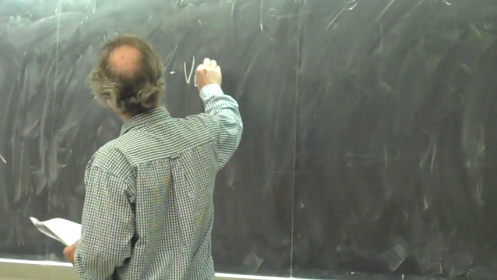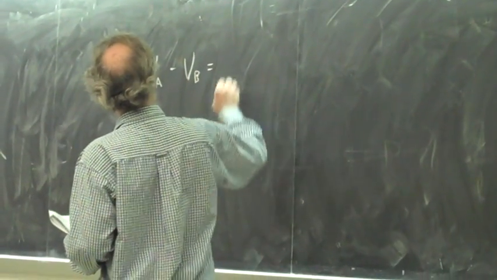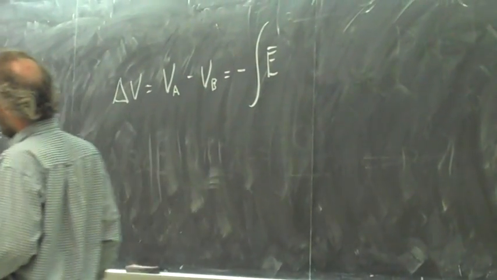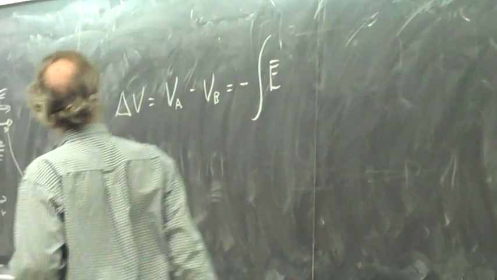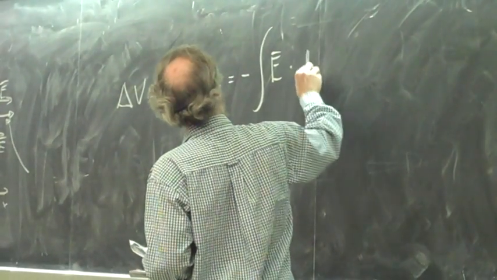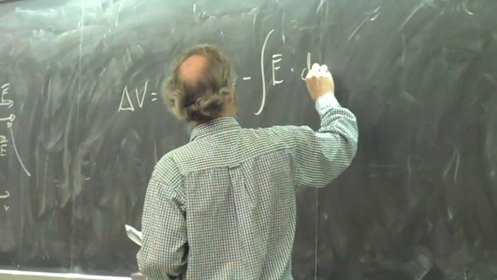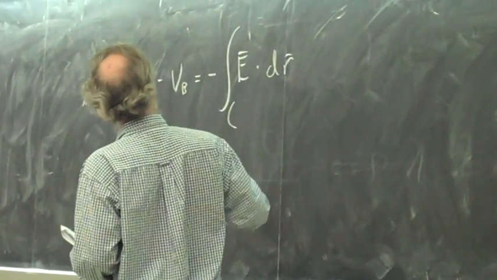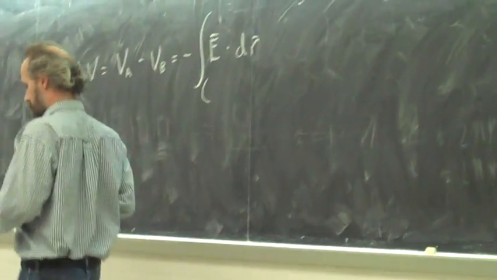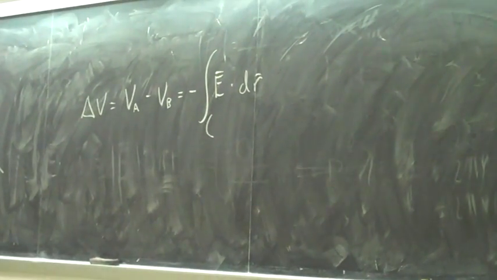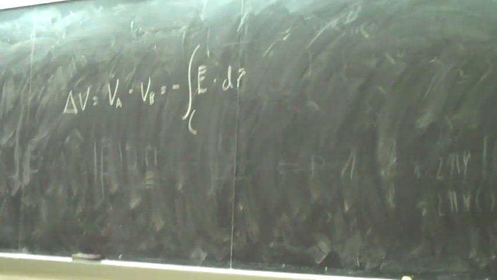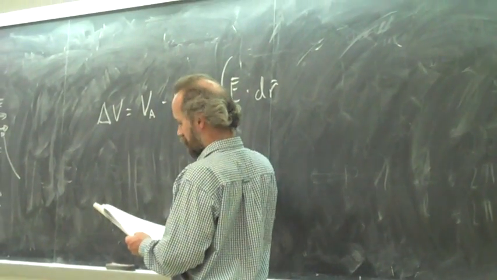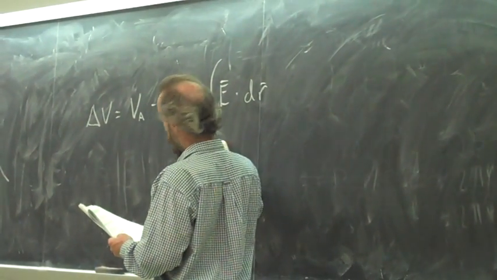Here we've got VA minus VB, and that's, of course, minus the integral of the electric field, which we think we actually know, dotted with an element of path, dr. And we're going to start at a distance of B, because here I did VA, that's the end point, and that's the beginning point. So this would be the beginning point, which was 0.01 meters away.